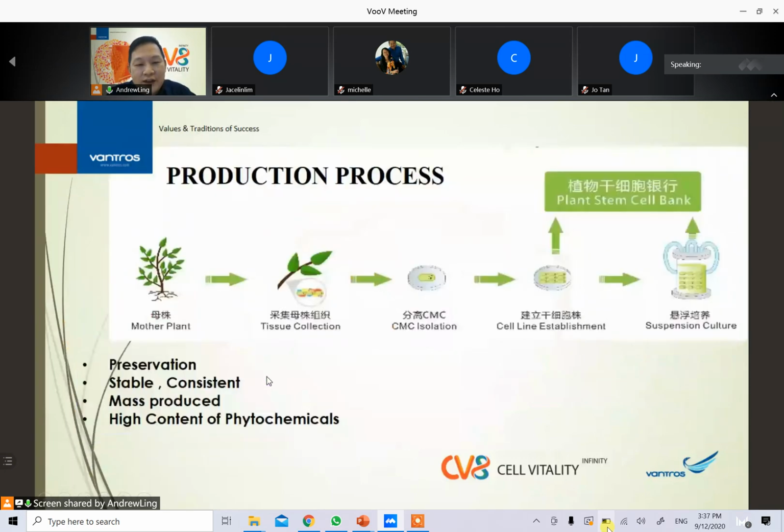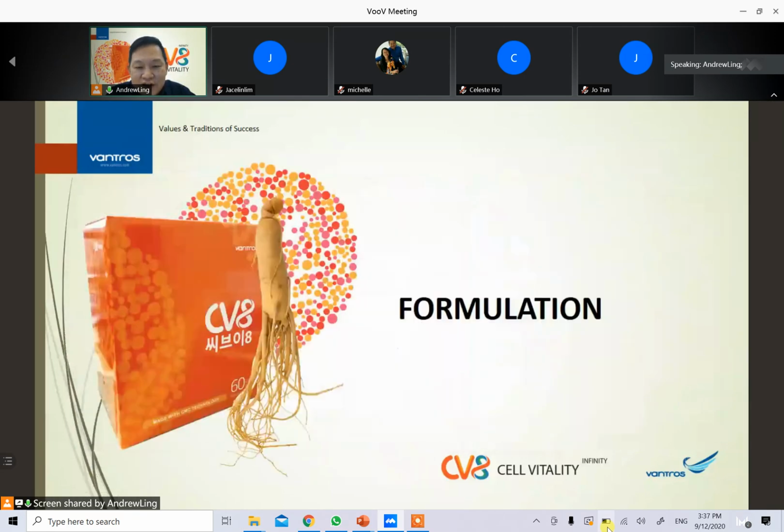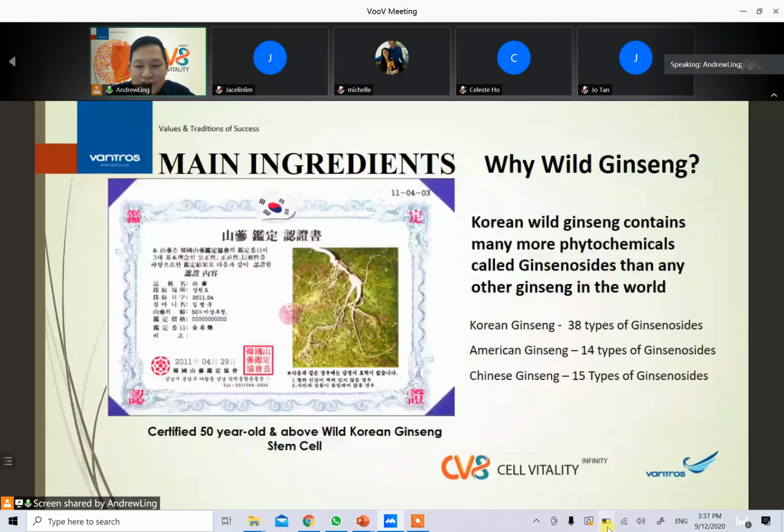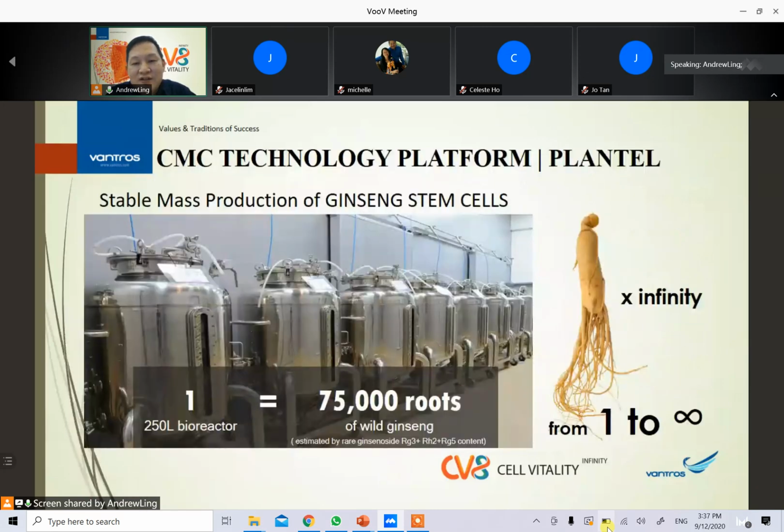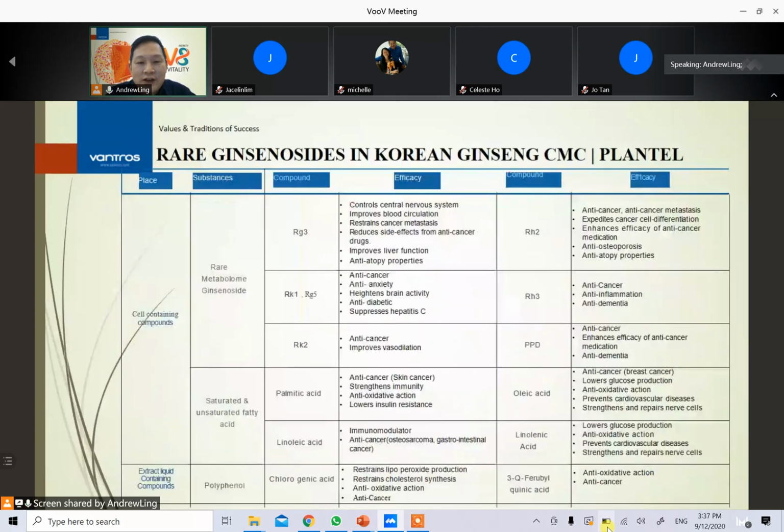So that is one of the unique ingredients that we use in this formulation: the wild Korean ginseng of the age of 70 to 80 years old. These are all the rare ginsenosides that you can find in the Korean ginseng CMC. Things like RG3 have a lot of properties like restraining cancer metastasis, and a lot of other rare ginsenosides even help to reduce the side effects of cancer and things like that.